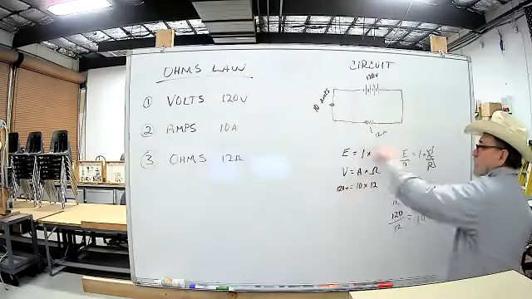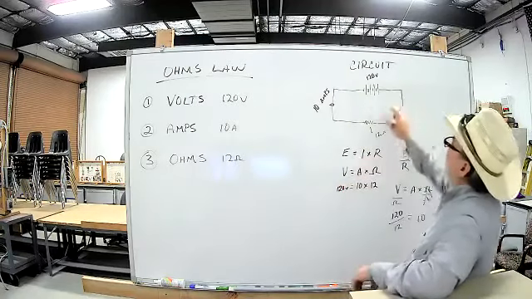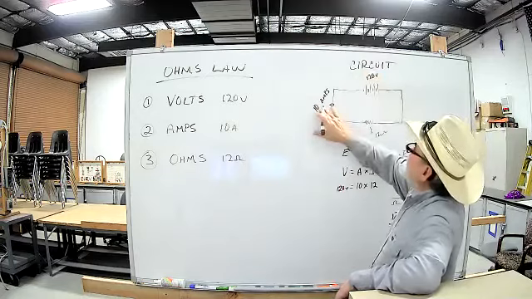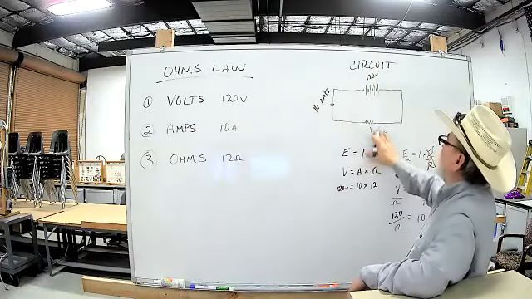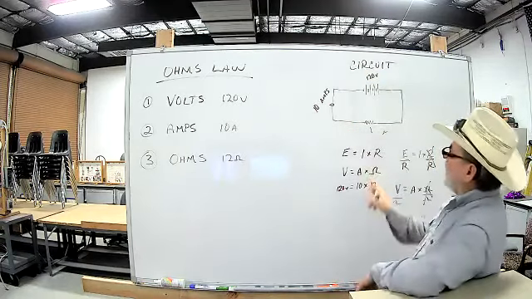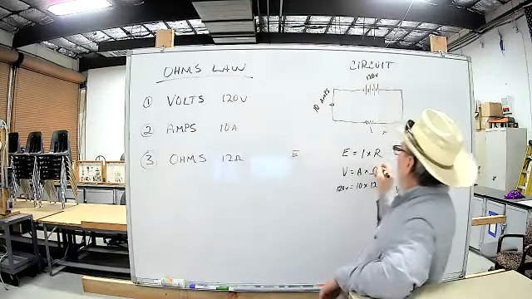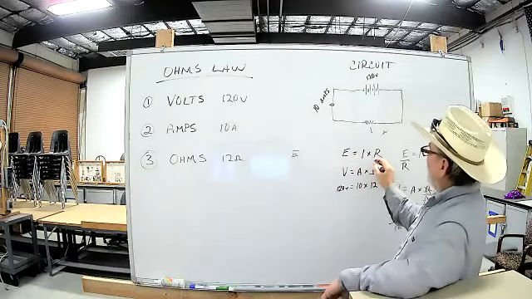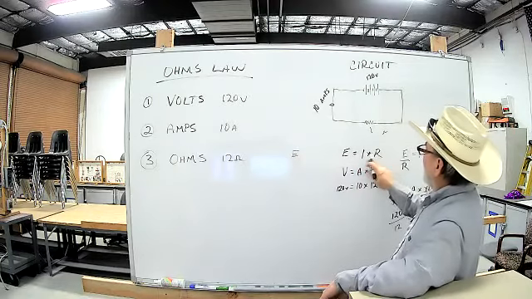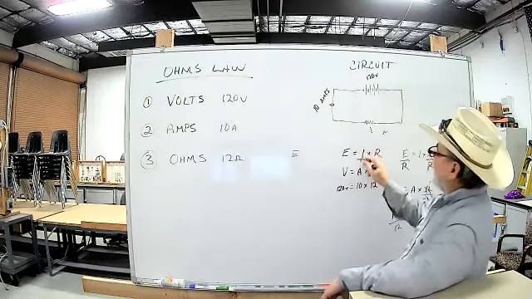So now, let's say you knew your voltage, you knew your amps, but you didn't know your ohms. So now you would do the other thing. You would take E, and you divide by I, you get rid of that.